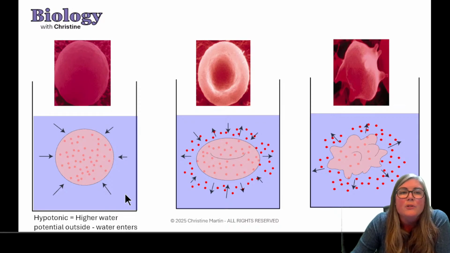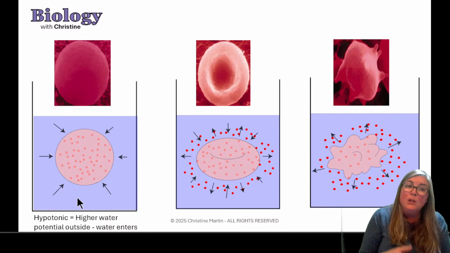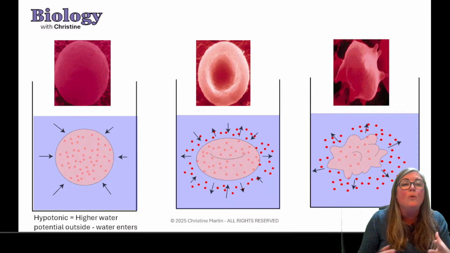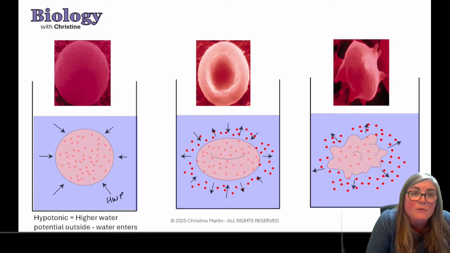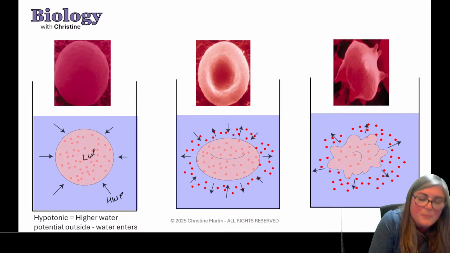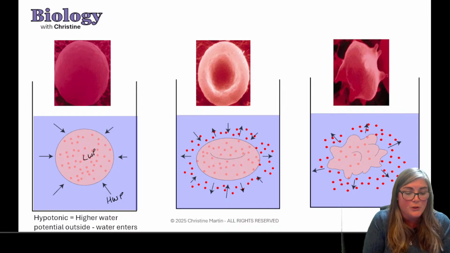So if I have what's known as a hypotonic solution, that means that there is a higher water potential outside the cell. Water will therefore enter the cell by osmosis and it will go from a high water potential to a lower water potential.